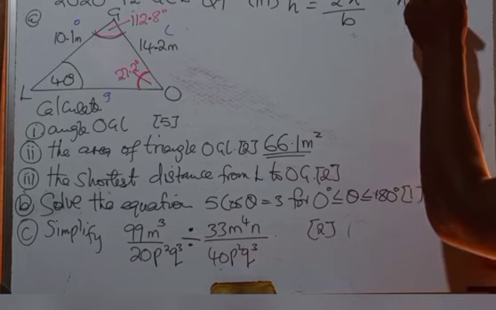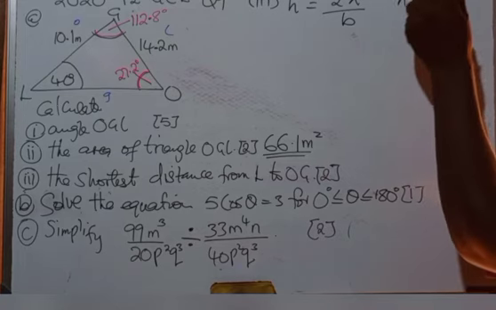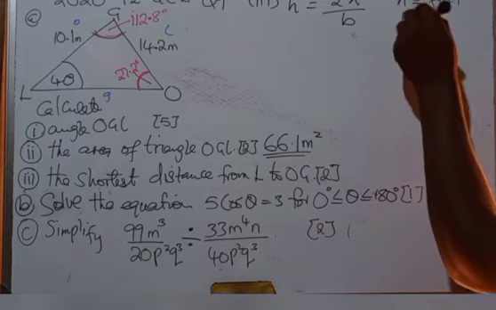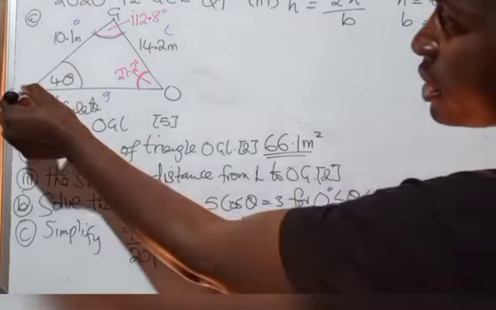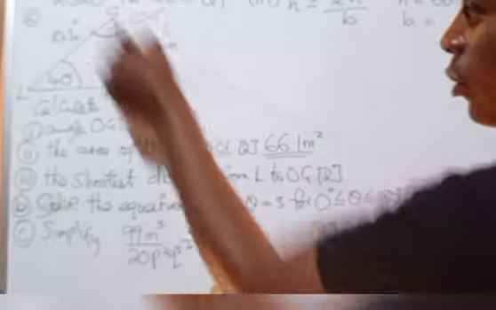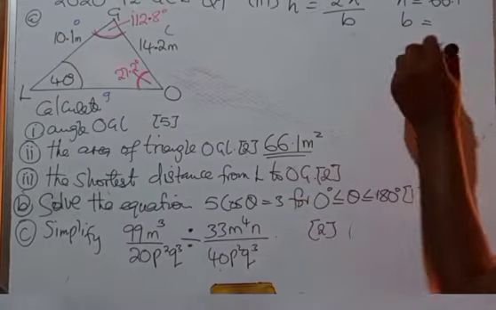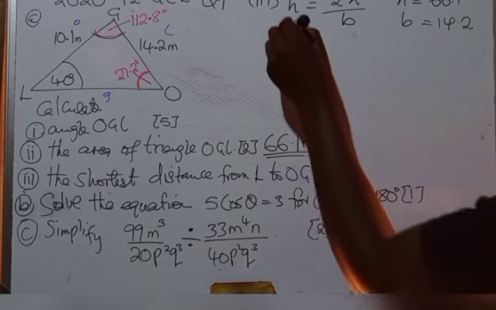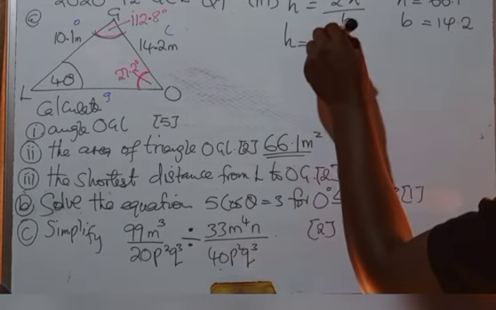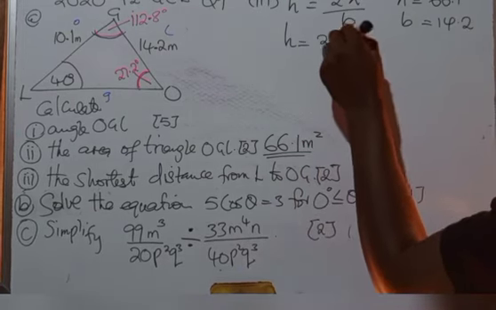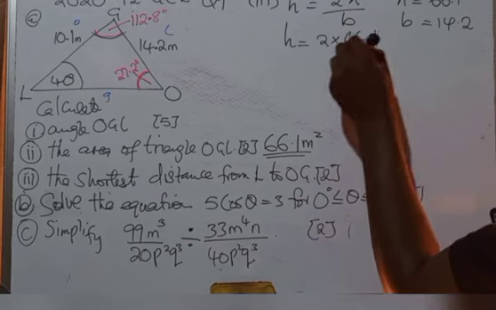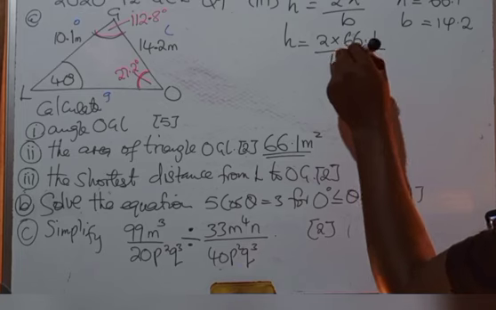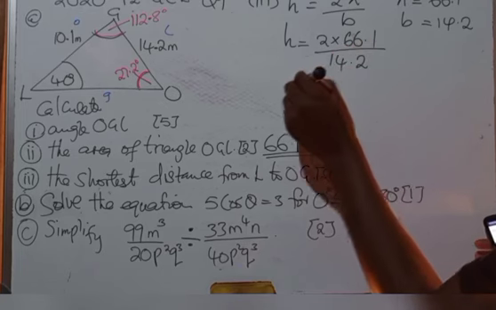the area which is 66.1. Then what is our B? Our B is the small letter L, which is 14.2. So we'll say H is equal to 2 multiplied by 66.1, then everything divided by 14.2.